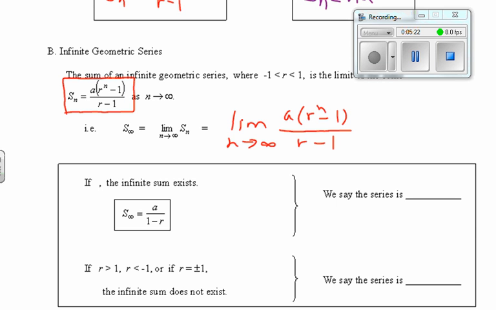Okay. I want you to recall something that we learned last Wednesday. I'm going to put it up here. The limit of r to the n power as n goes to infinity is equal to 0 if the absolute value of r is less than 1.